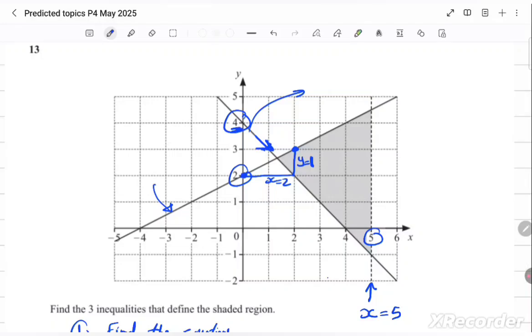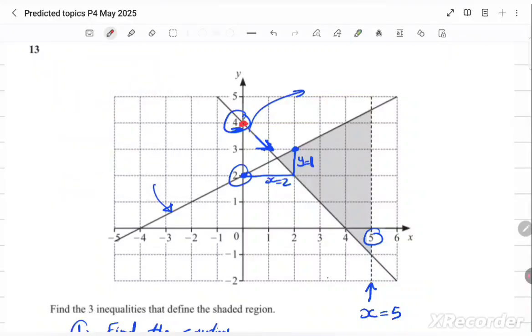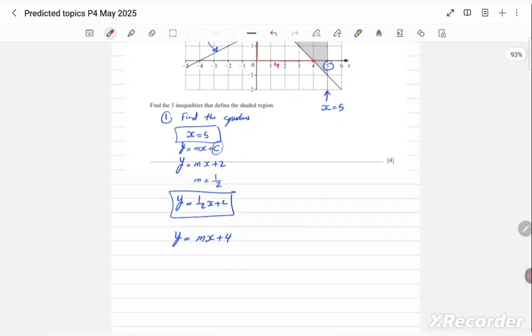But negative what? Take any 2 points again on the line, for example this point and this point. Usually try to take points with integer coordinates, to be easy for yourself to give you an exact answer. So this is negative 4 over 4, so it's negative 1.